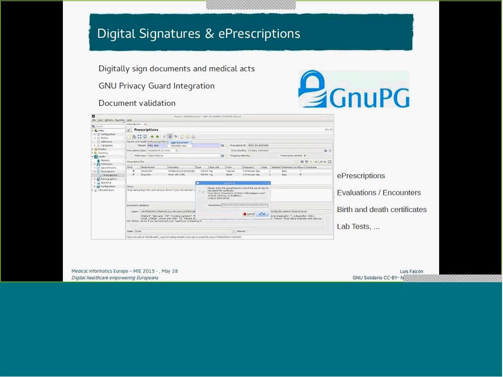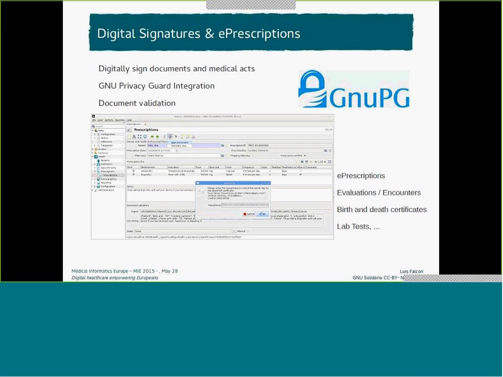The level can be done at different levels. You can encrypt at record level, or you can encrypt at field level. And basically, what we're seeing here is a document, a prescription.